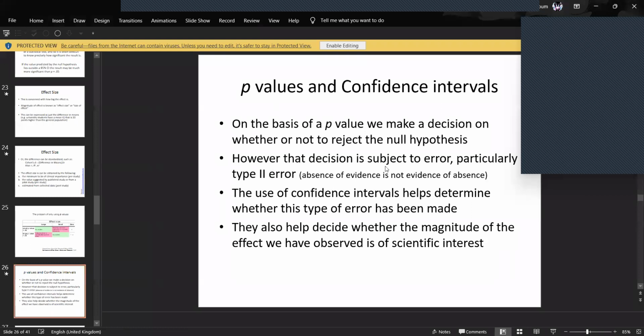So we have p-values and confidence intervals. We make the basis of whether to reject the null hypothesis using the p-value. But we can make mistakes by using the p-value, which we mentioned here.